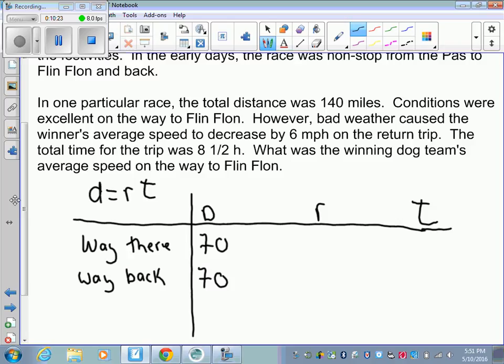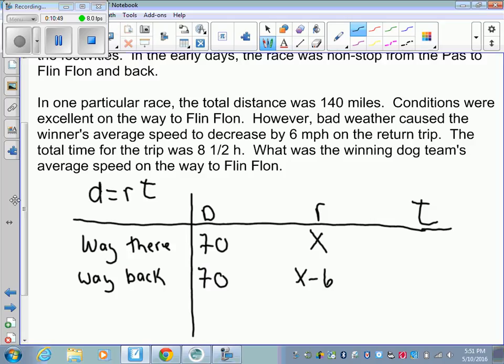When we don't know something in algebra, we use a variable. So on the way there, his speed was something. We don't know what it was. All we know is that on the way back, his speed, whatever it happened to be, let's say it was 10, got decreased by 6. The 10 was decreased by 6. The x was decreased by 6.